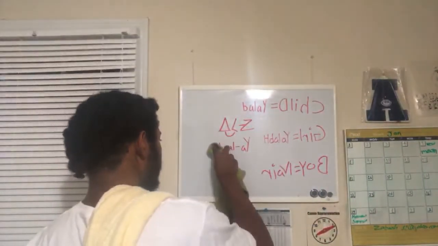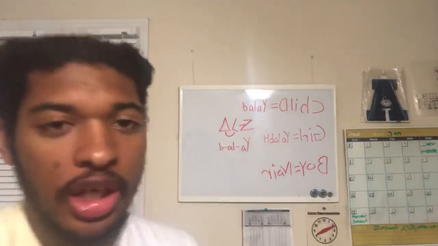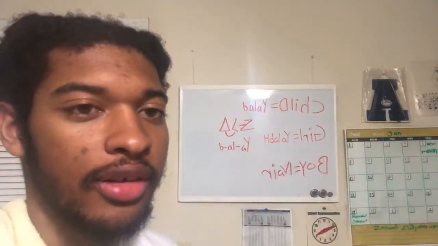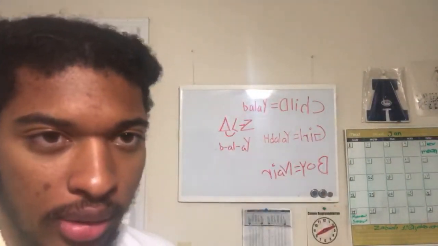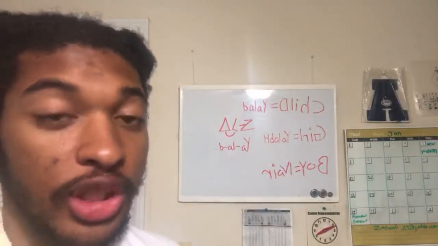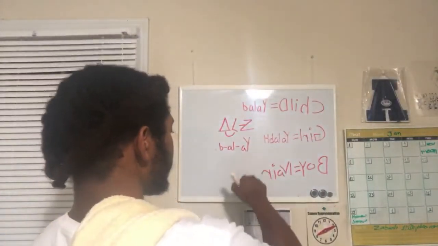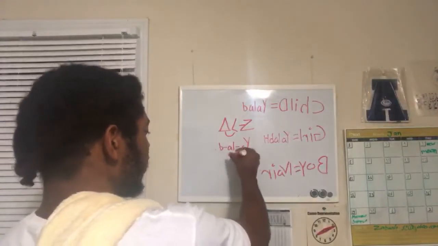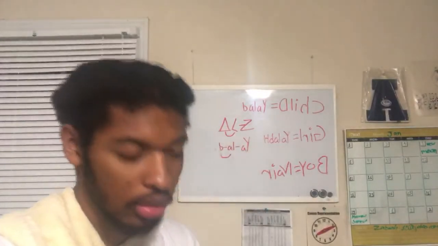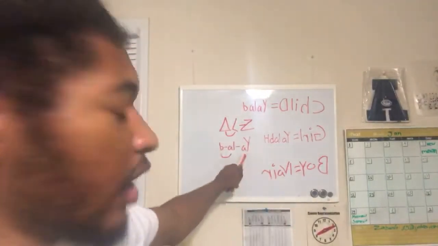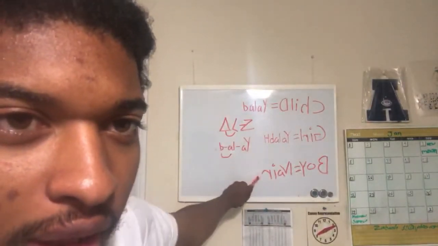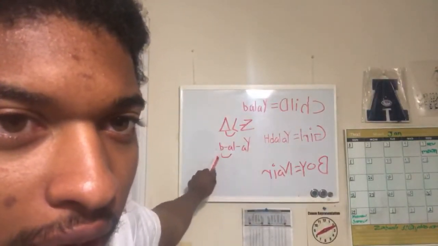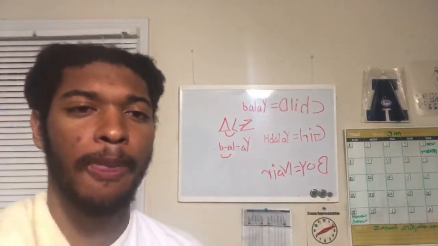So you would drop the a, instead of yalla da sounding like the feminine for child, you just have ya lad. You just have ya lad, right? So it makes more sense.